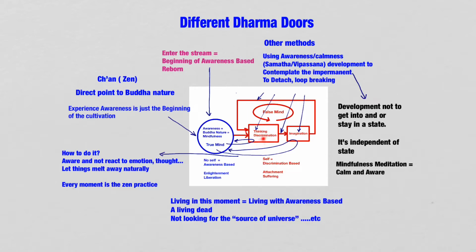See, our thought comes and goes. Then at that point, one will detach from this thought, or one will break this loop, and go back to the awareness base. Okay. So that is different compared with Zen.